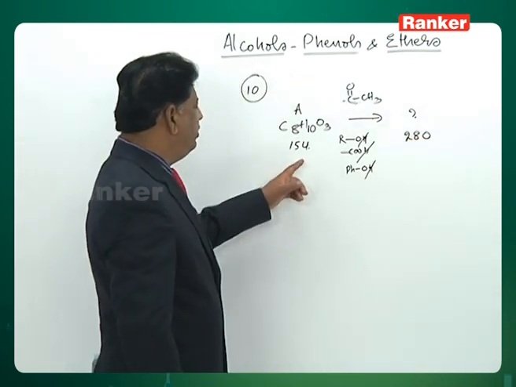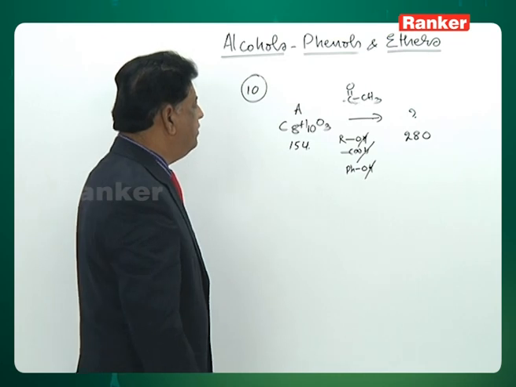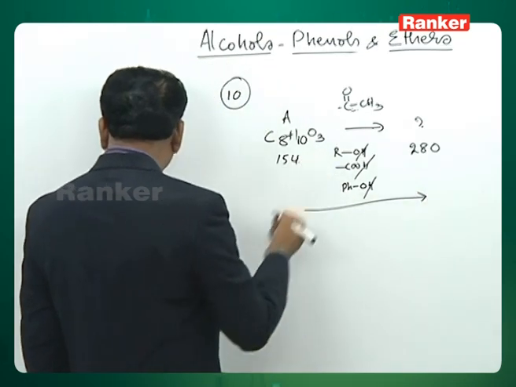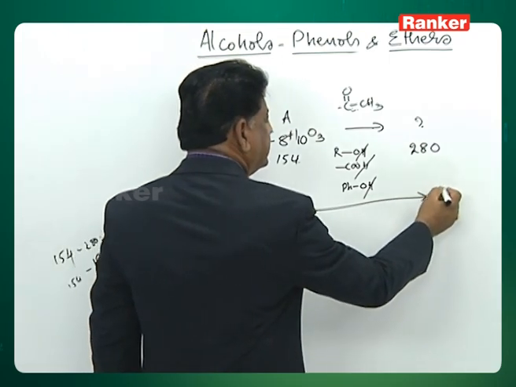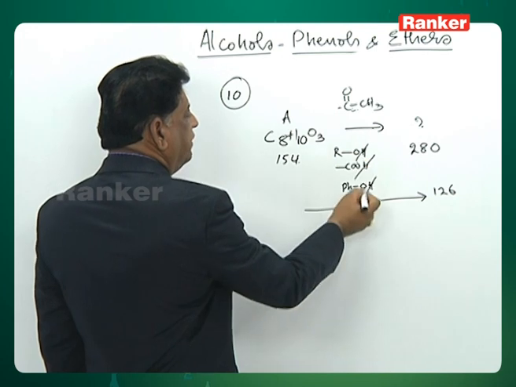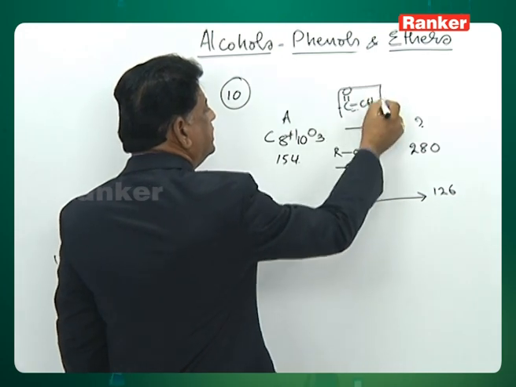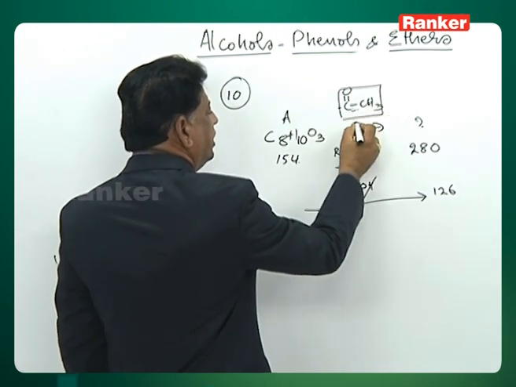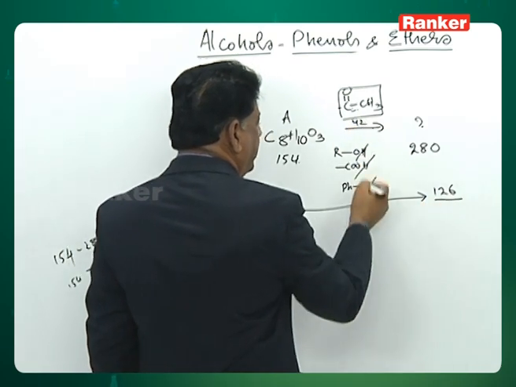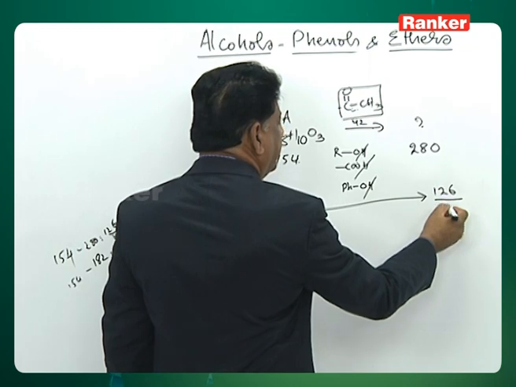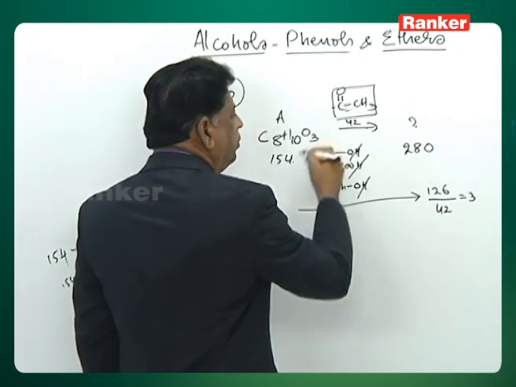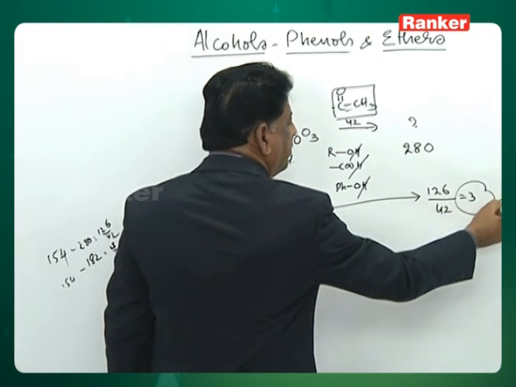That means 154 has become 280, so the increase is 126. The H removal and COCH3 addition means a 42 unit gain. Divided by 42 gives 3, so 3 groups are present.